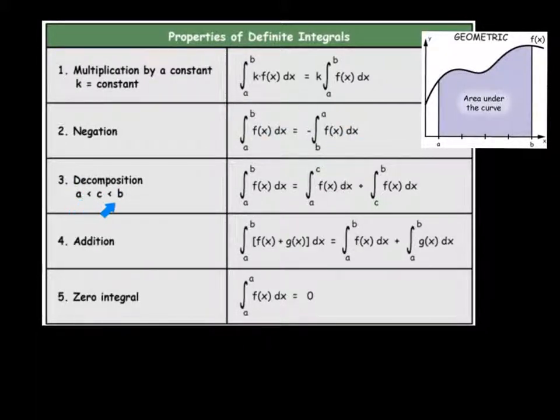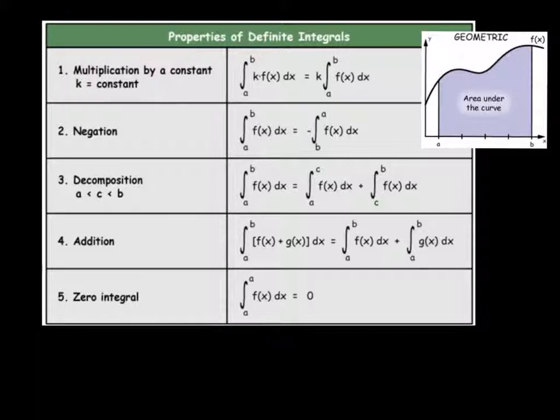Decomposition. This is only true if A is smaller than C, which is smaller than B. In other words, C has to be between A and B. The integral from A to B of f of x dx is equal to the integral from A to C of f of x dx, plus the integral from C to B of f of x dx.